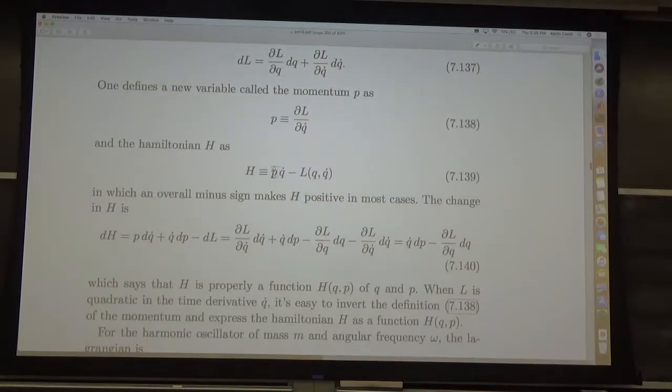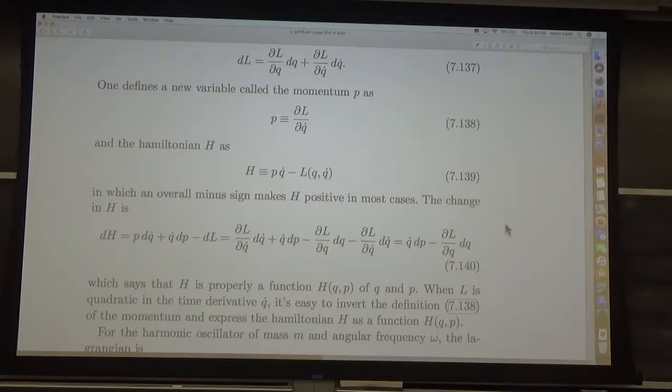You define the Hamiltonian like this. dH then is p dq dot plus q dot dp minus dL, and then when you add in what dL is, minus partial L, partial q dq, and so forth, this term cancels that term, and what you have left is q dot dp plus partial L, partial q dq.